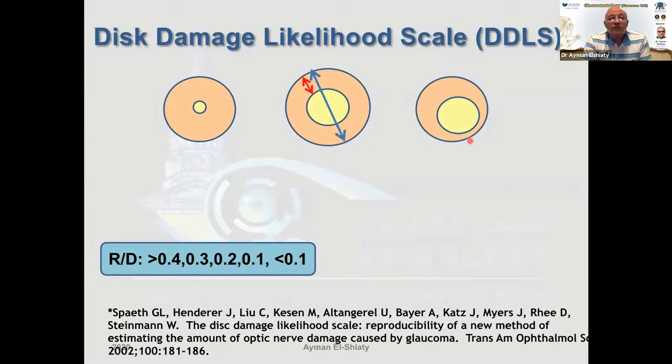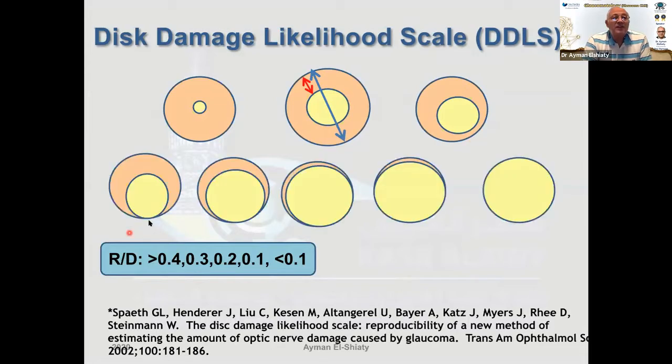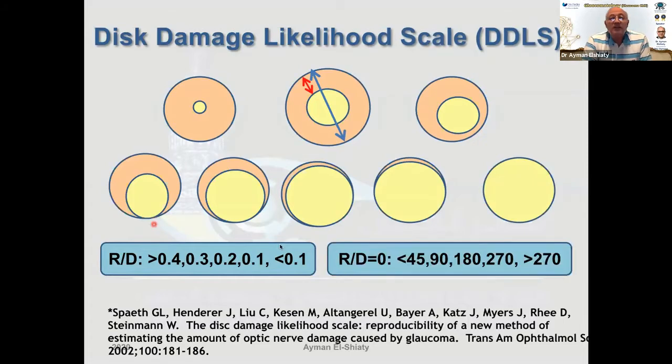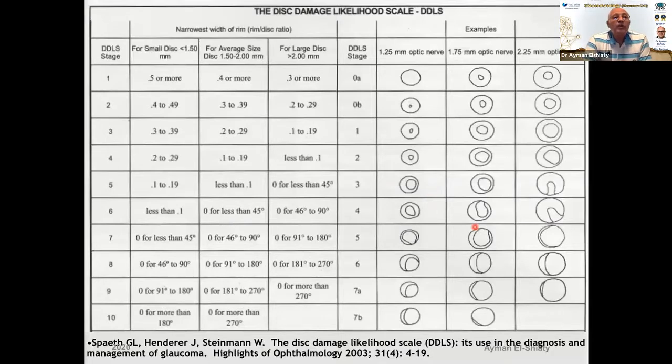And if the rim is lost, then he describes the extension of the loss of the rim, whether it is less than 90 degrees, 90 to 180 degrees, 180 to 270, or more than 270. And then he put down a scale from 1 to 10, where 1 is the least likely of having glaucoma.